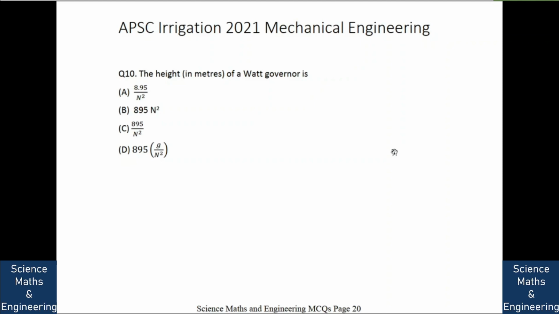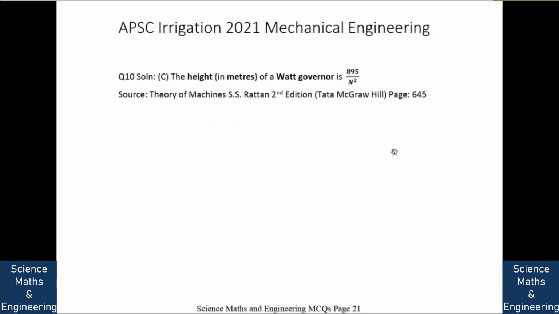Now this is pretty obvious, and this is taught while we are studying Watt governor. This is the basic formula, so you can think of it. Pause the video. So the answer is C, 895 divided by N square. Okay, so we will go to the next question.